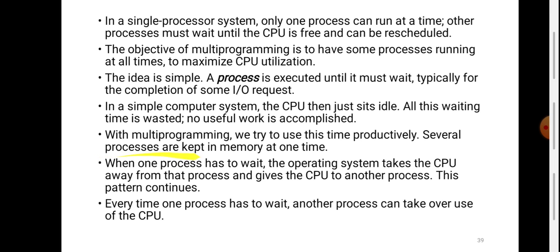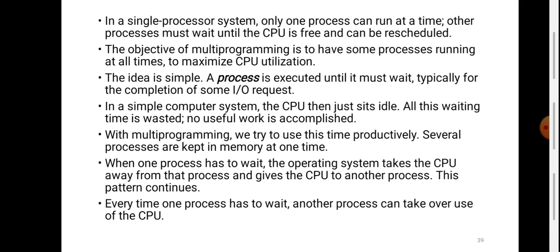Many processes are kept in memory at one time in multi-programming systems. When one process has to wait, the operating system takes the CPU away from that process and gives it to another process. Imagine one process is waiting for input output devices; at that time the operating system takes the CPU away from it and gives it to another process.